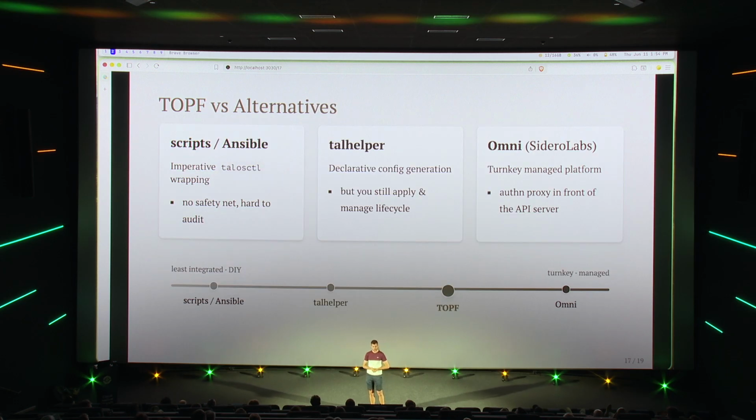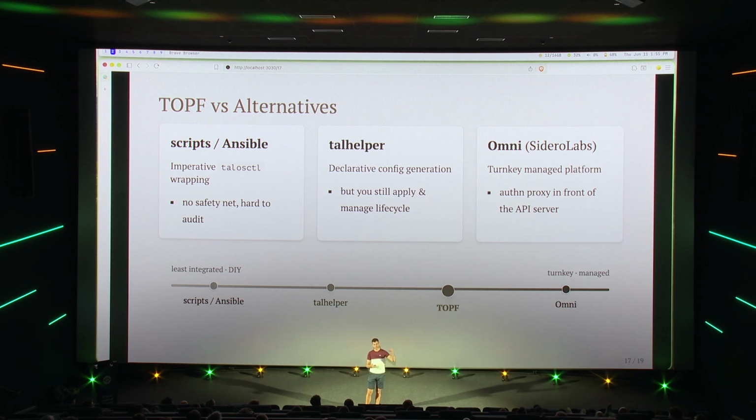So the alternatives that we would have considered would be, well, script Ansible. This was more like we needed something on the left-hand side, but never ever Ansible for us. Talhelper is quite good, but they ended up with an approach where you still have to run all the commands manually. You can, of course, use bash scripts to glue that together, but it was not as integrated as we liked, and the configuration model was not that of the Talos documentation.